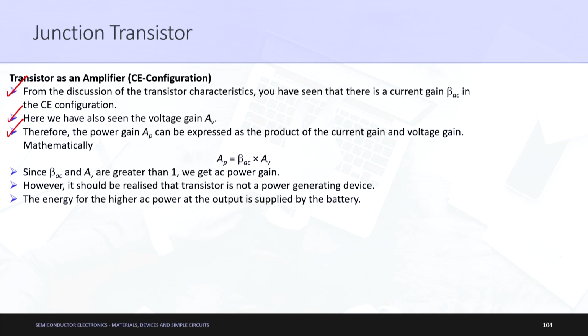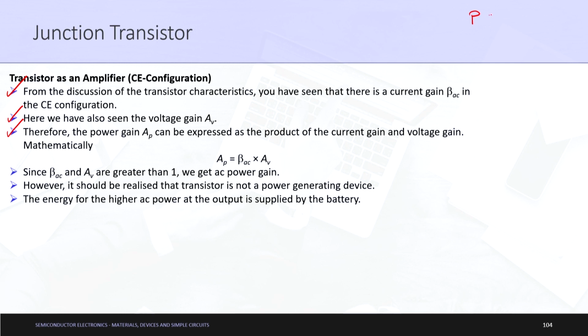We already know from our current electricity concepts what power is. Power is nothing but equal to V into I, correct. So we are just using the same concept to find the power gain, the power obtained due to the change in the value of current and the change in the value of voltage.